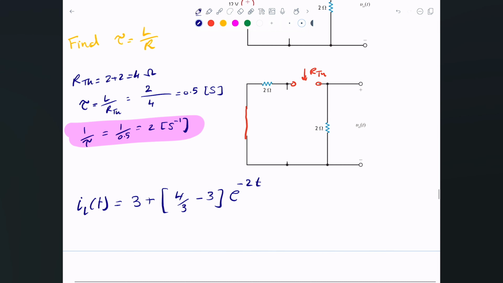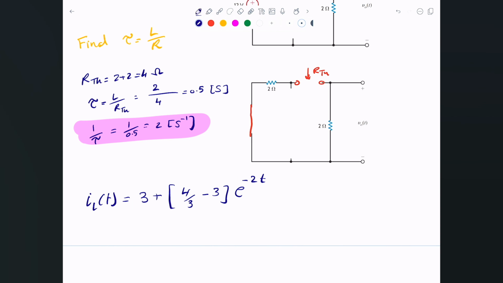Okay, that's what we have, and 4 divided by 3 minus 3 is just simply negative 5 divided by 3, so IL of t is 3 minus 5 divided by 3 e to the negative 2t. That is in amps for t greater than or equal to 0, because remember, at 0 it's allowed, so we can do that.